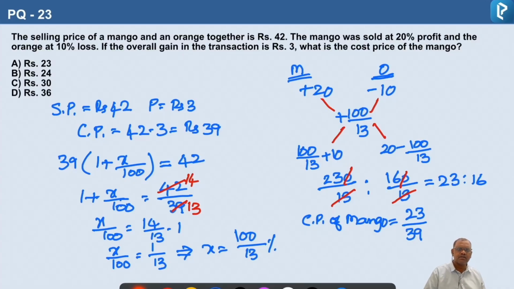So what is the total cost price? Total cost price is again 39. We found it out. So if you simplify, 39 gets cancelled. So 23 rupees is the cost price of mango.